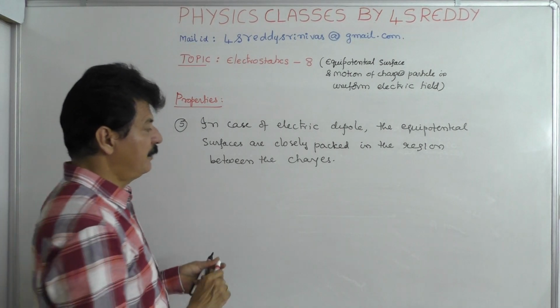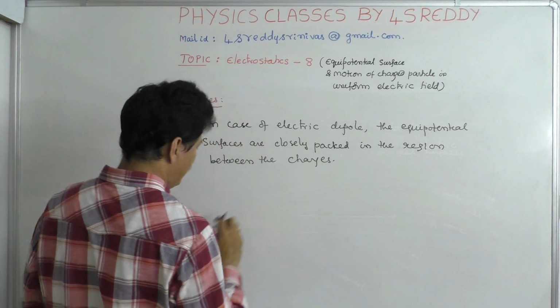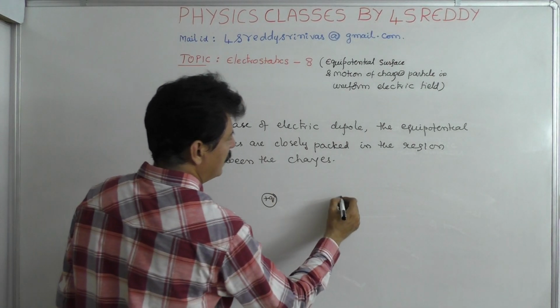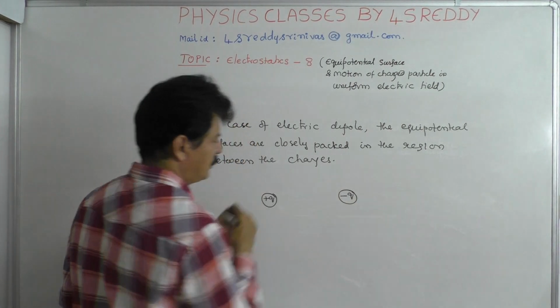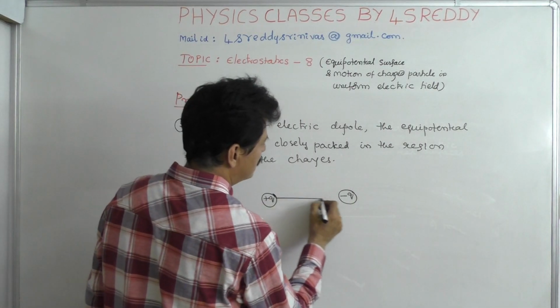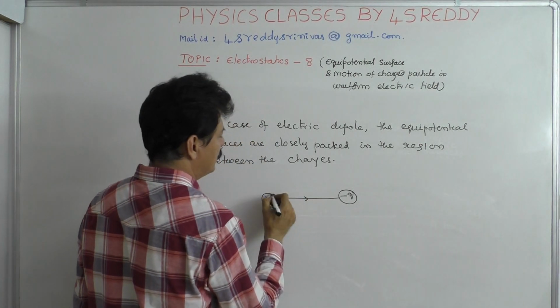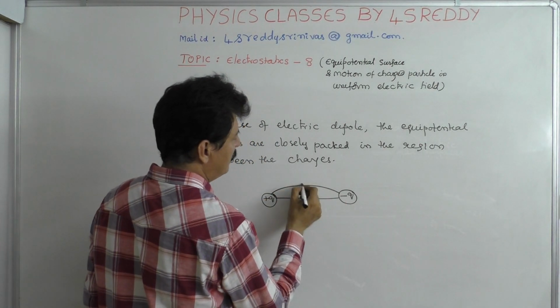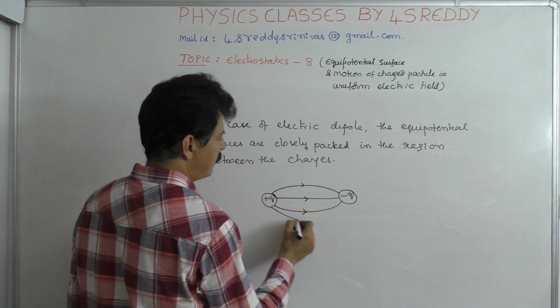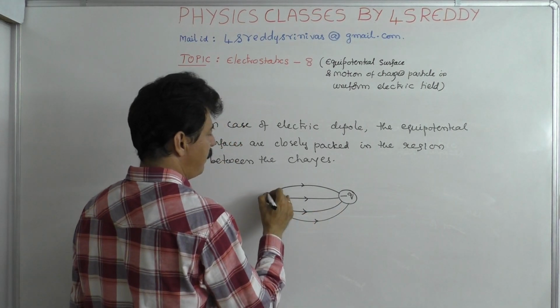That means, if you take this as plus q and this as minus q, then the lines of force always travel from positive to negative. They travel normal to the surface only, like this, like this.